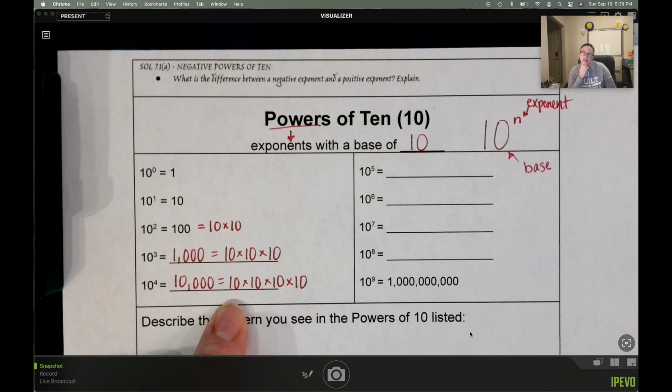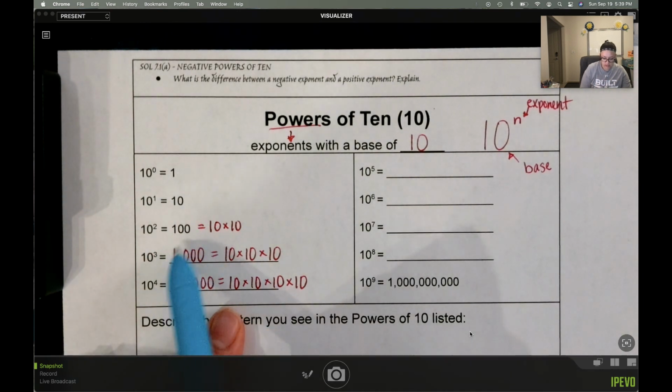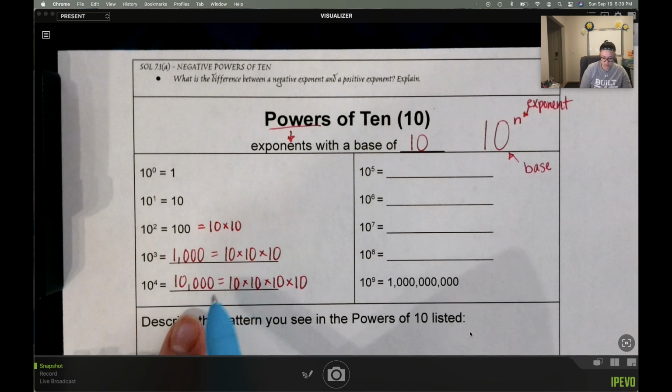Are you guys noticing a pattern with these powers of 10? Take a look at the exponents and the numbers that follow.